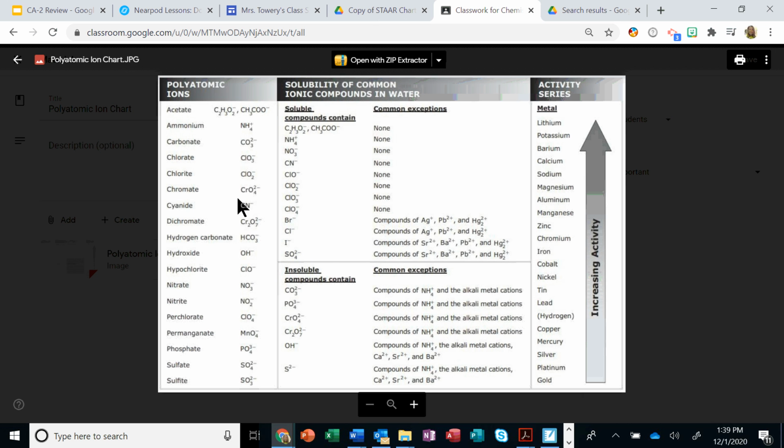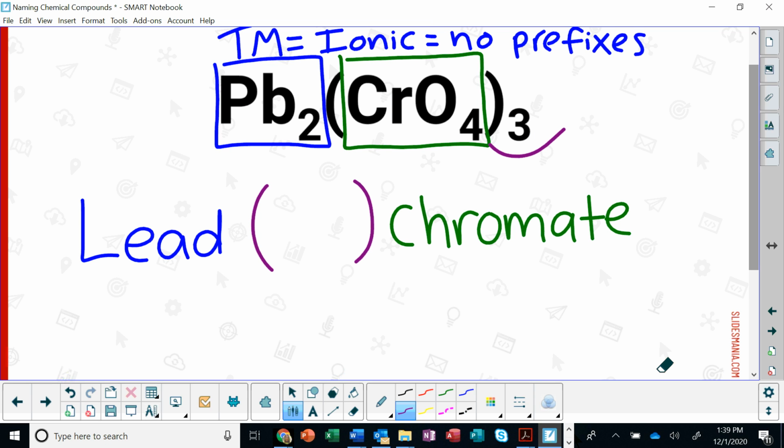See, the CrO4 has a little 2 minus up here. So I'm going to put a -2. But I also have 3 of these guys, so it needs to be times 3. So -2 times 3 is -6.